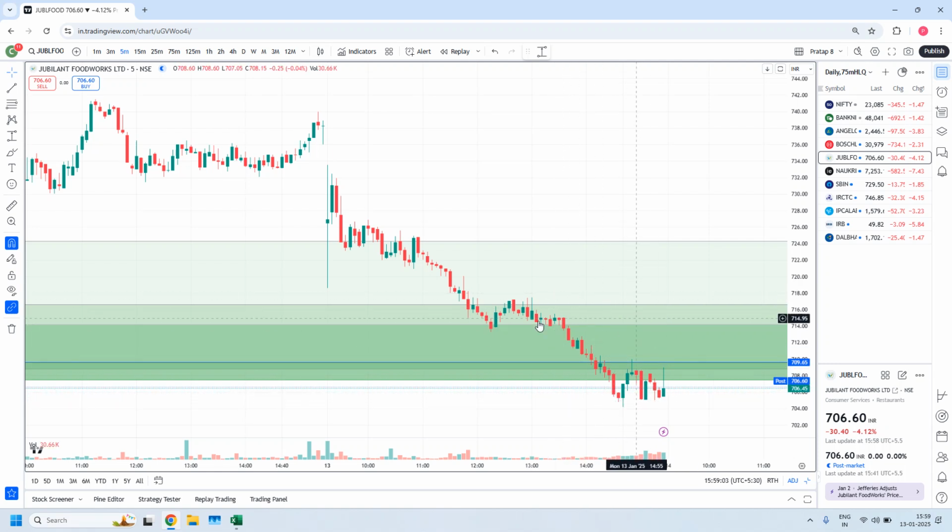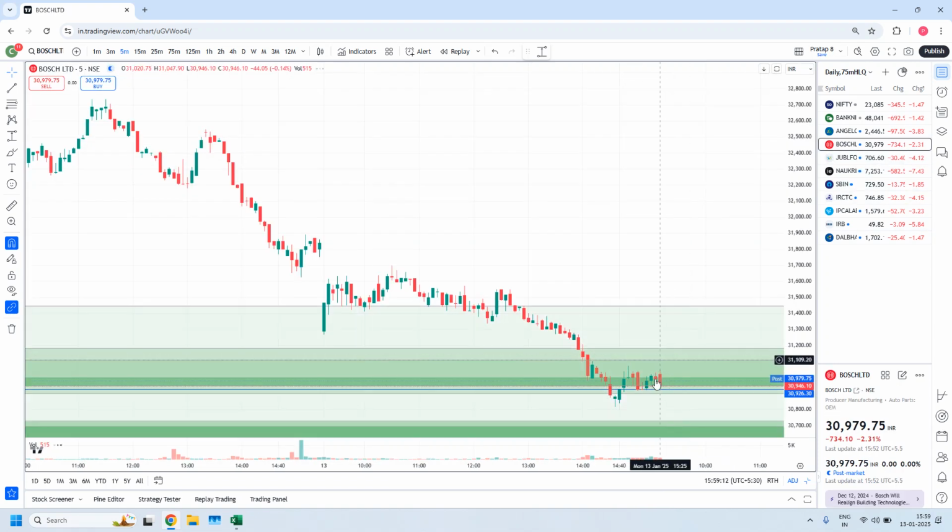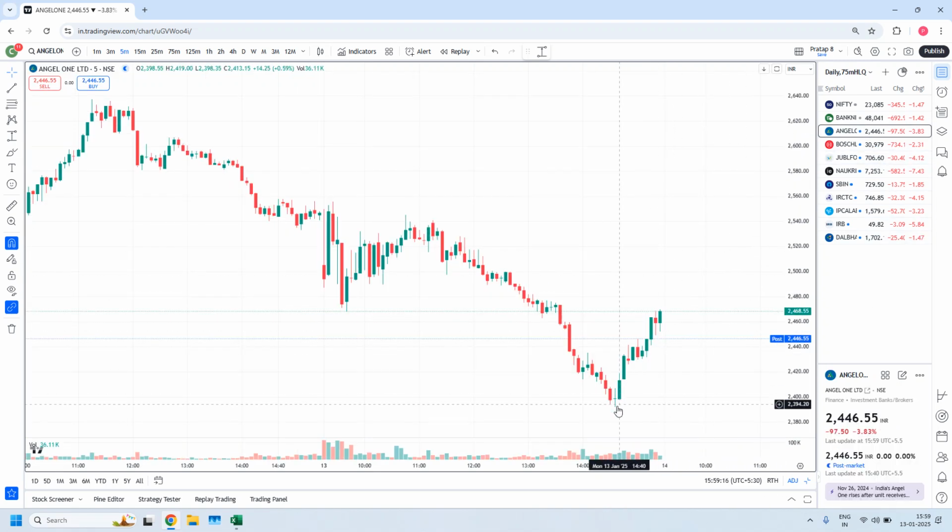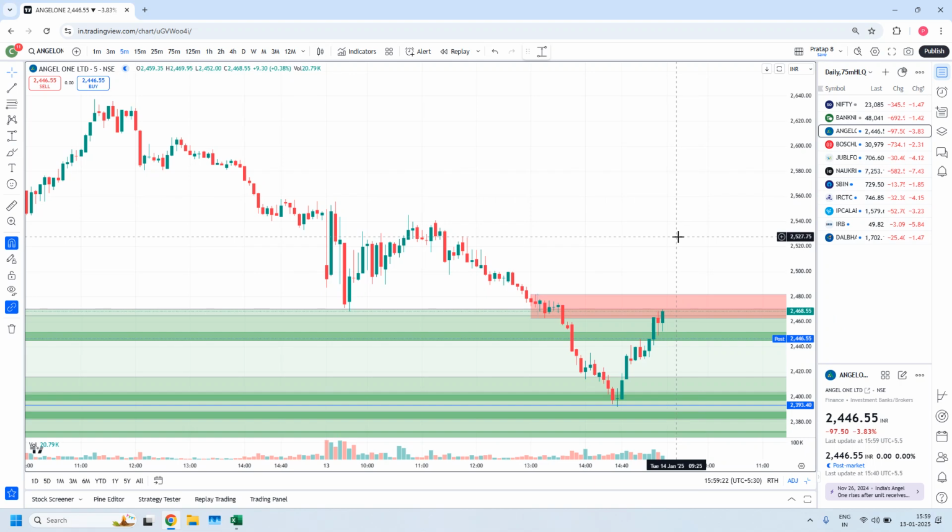And because this is the demand area, once the supply is over, what will happen? Definitely you see some movement in the price. That is what you have seen in Jubilant Food, that is what you have seen in Bosch, some movement. And that is what you have seen in Angel 1. But this is a big move compared to the remaining two stocks.